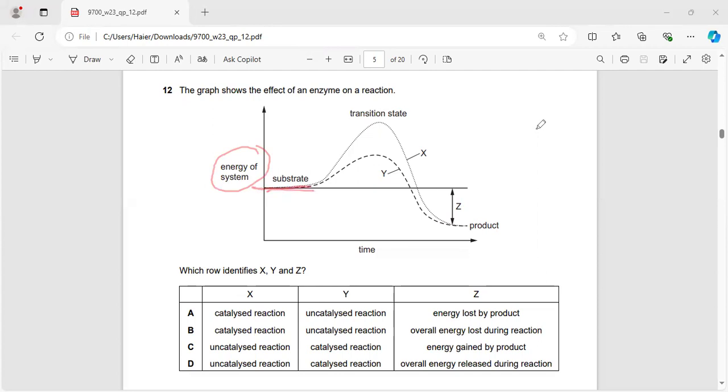It starts from here, and then you can see the rate of energy of the system, and then this is low energy.